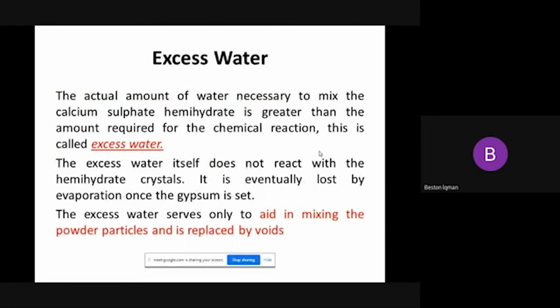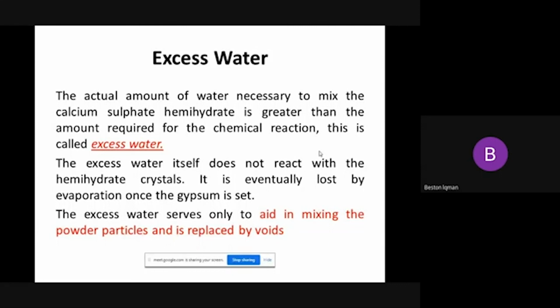Excess water: the actual amount of water necessary to mix the calcium sulfate hemihydrate is greater than the amount required for the chemical reaction. That's called excess water.